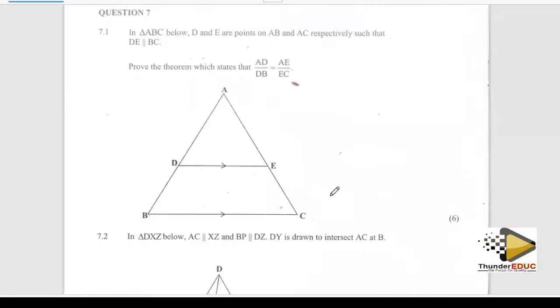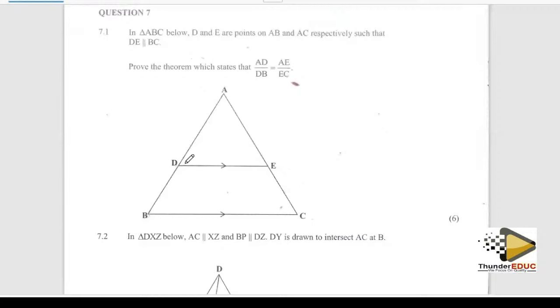Question number 7. Telling us in triangle ABC below, D and E are points on AB and AC respectively such that DE is parallel to BC. Can we prove the theorem that states that AD over DB is the same as AE over EC? So even in this question, guys, we need to do some bit of construction.